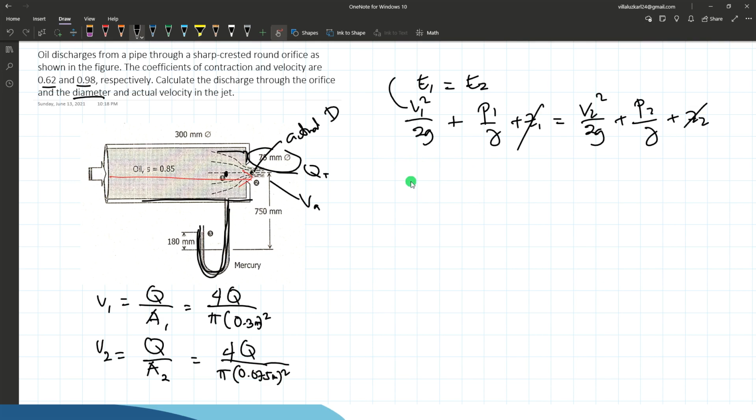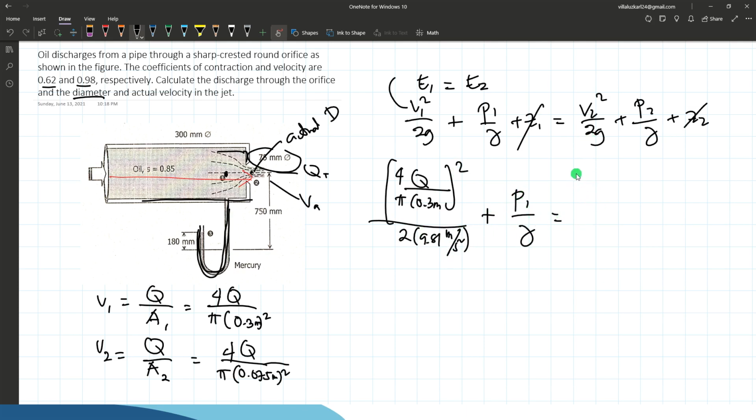We substitute that now here. We have 4Q over pi times 0.3 meters, that will be raised to 2, over 2 times g, 9.81 meters per second squared, plus P1 over gamma equals 4Q over pi times 0.075 meter squared, raised to 2, over 2 times 9.81 meters per second squared, plus P2 over gamma.